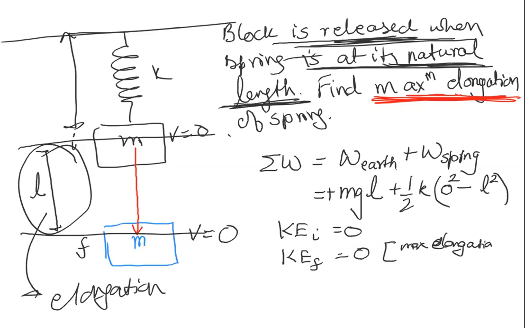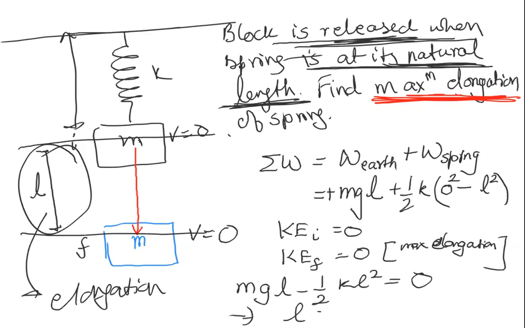Okay, so we get mgL minus half kL squared equal to 0. This implies that L is equal to 2mg by k. So this must be the maximum elongation.